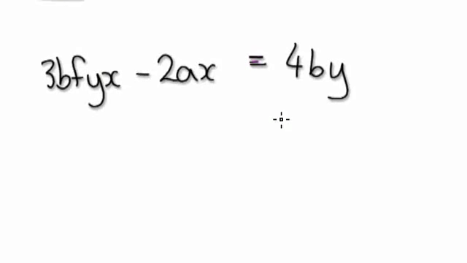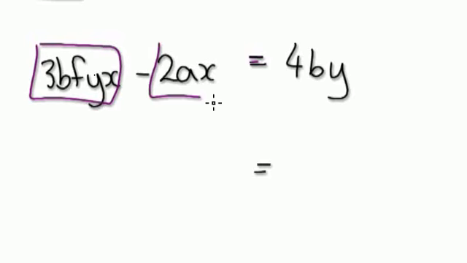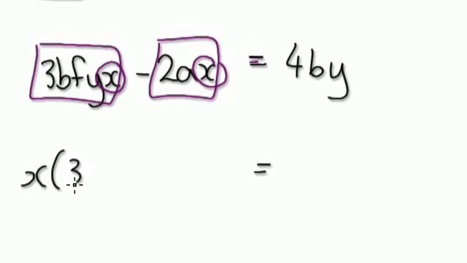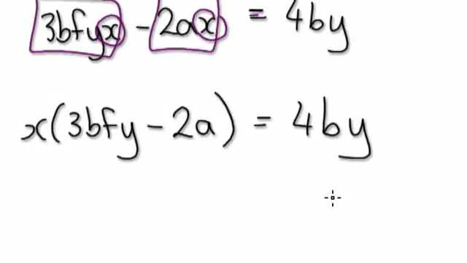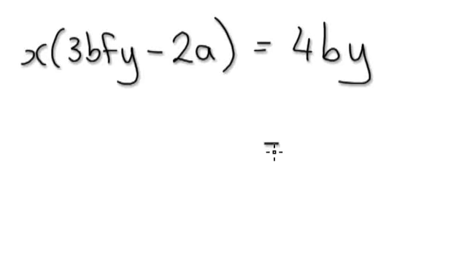Now you've got this block, take away this block, and x is in common, so factorize it and take the x out. So it will be x(3bfy minus 2a) equals 4by.